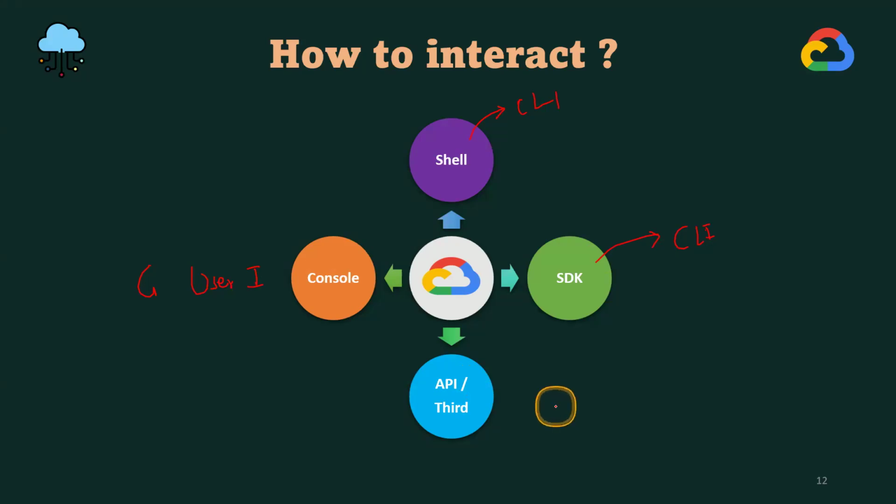So if you wanted to interact with the Google Cloud Platform, we have Console, Cloud Shell, and Cloud SDK. Console is a graphical user interface. Cloud Shell is a command line interface. Cloud SDK is also a command line interface. We will see about these in detail tomorrow, guys.